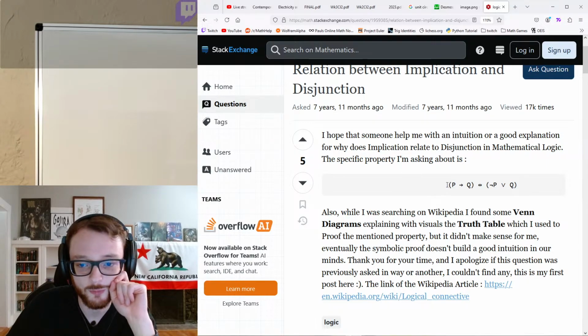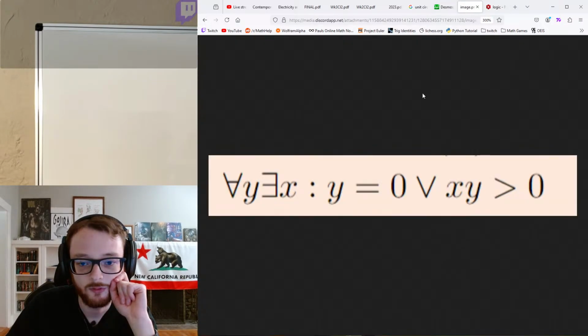This states the actual property that we're using here a little more explicitly. Not P or Q is the same thing as if P then Q. We don't have a not in here though, so we can force it to be here by putting two nots. So saying not y equals 0 or xy is greater than 0.